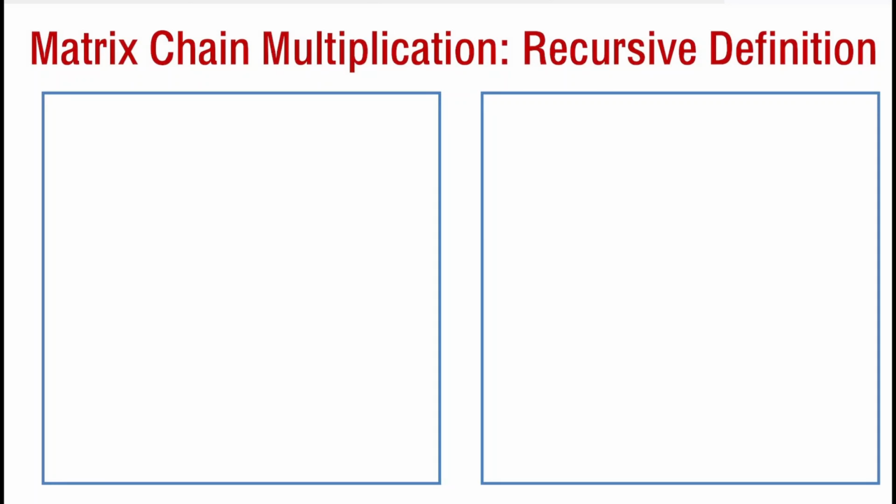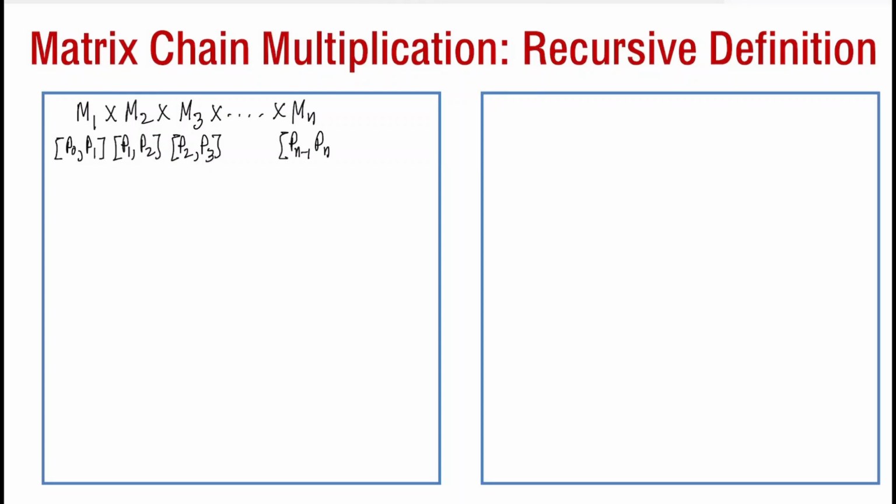So in the matrix chain multiplication problem, you are given matrices M1, M2, M3 right up to Mn. M1 has got a dimension P0, P1, M2 has got P1, P2, M3 has got dimension P2, P3, and Mn has got dimensions Pn minus 1, Pn.